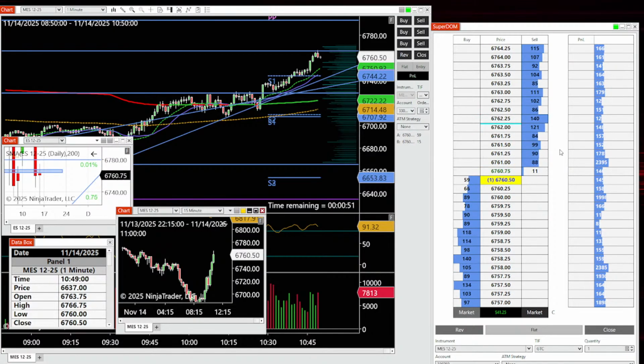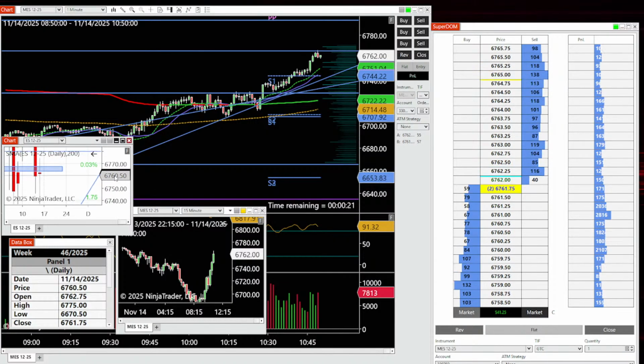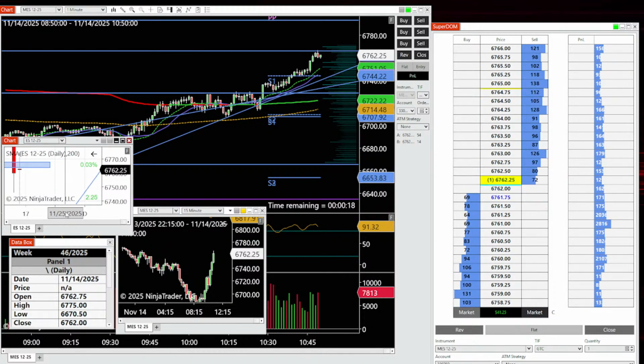It's testing at 60. Is it gonna hold 60? Are we gonna hold 60? Now we got a green 4-hour bar and a red. Let's see what happens in a red daily bar.